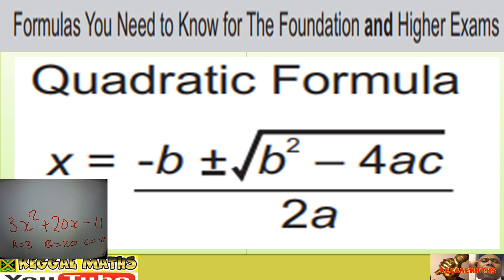So x equals minus b plus or minus the square root of b squared minus 4ac over 2a. The quadratic formula, you guys need to know that.